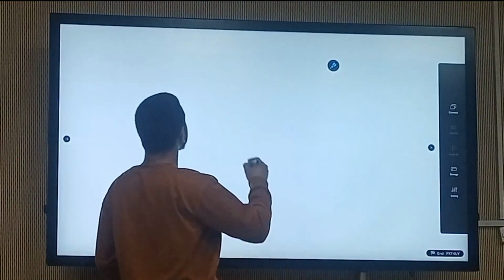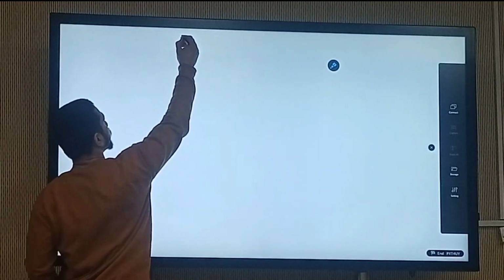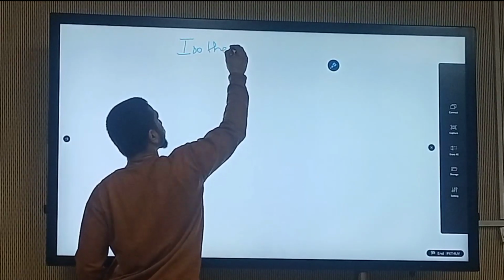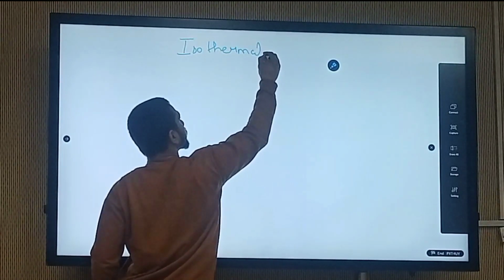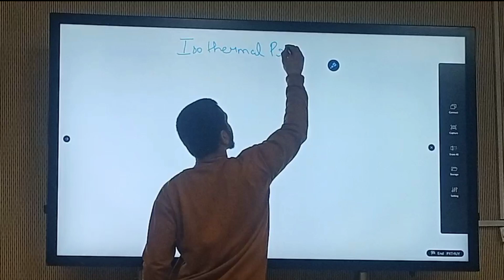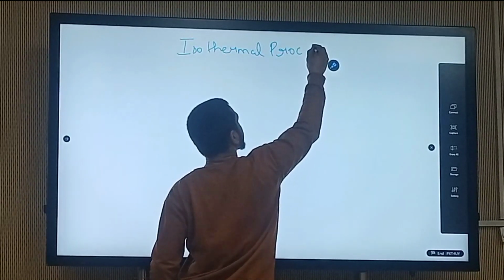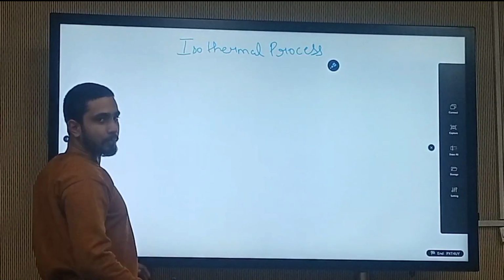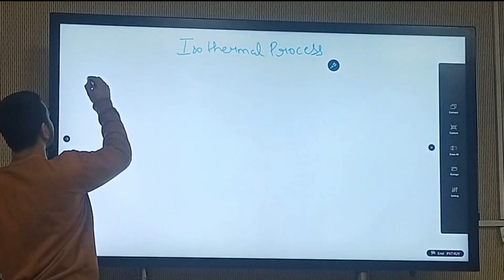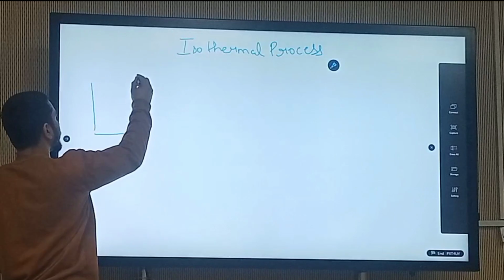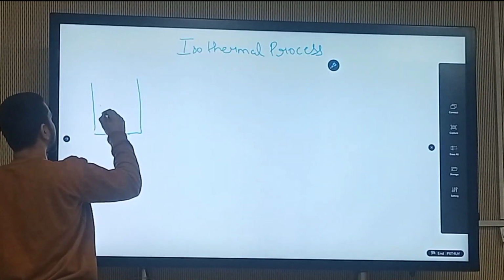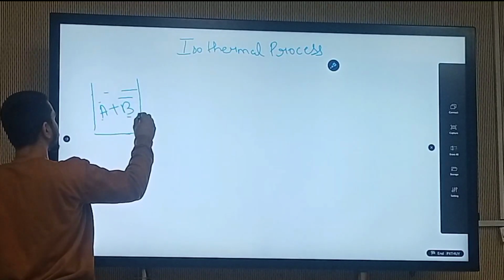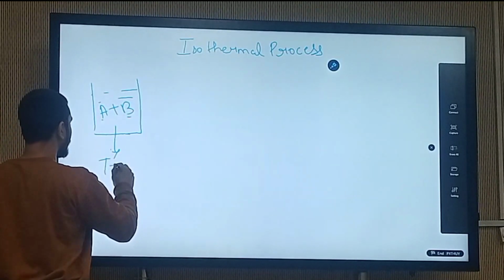So let's see the next process, which is the isothermal process. The third process is the isothermal process. In the isothermal process, whenever a reaction is happening, suppose that this is the reaction vessel and two reactants A and B are there.